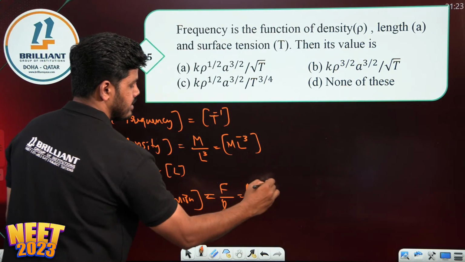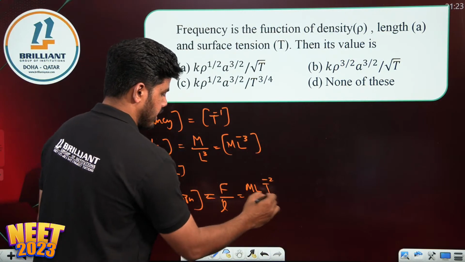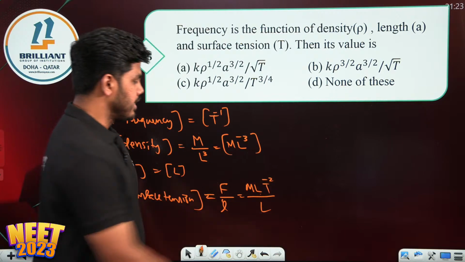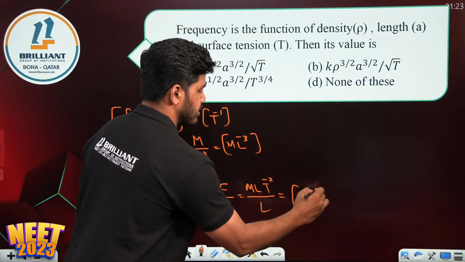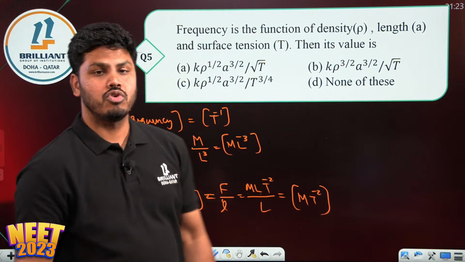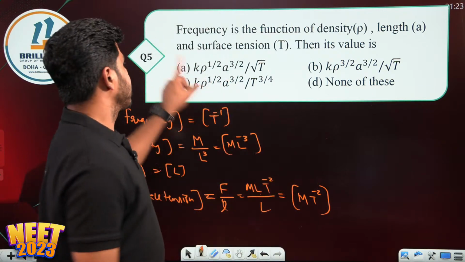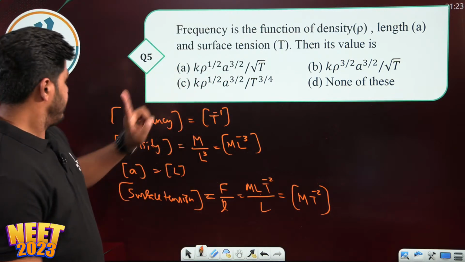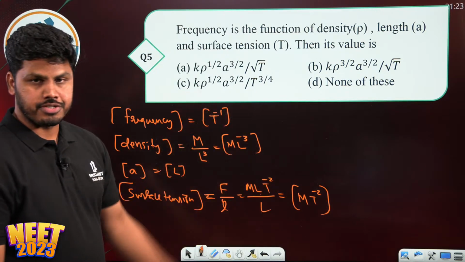So M L T raised to minus 2, that is the force, mass into acceleration, divided by length. So L gets cancelled. The dimension of surface tension is going to be M T raised to minus 2. We got the dimensions of all the physical quantities that come in this equation, correct? Yes: frequency, density, length and surface tension.